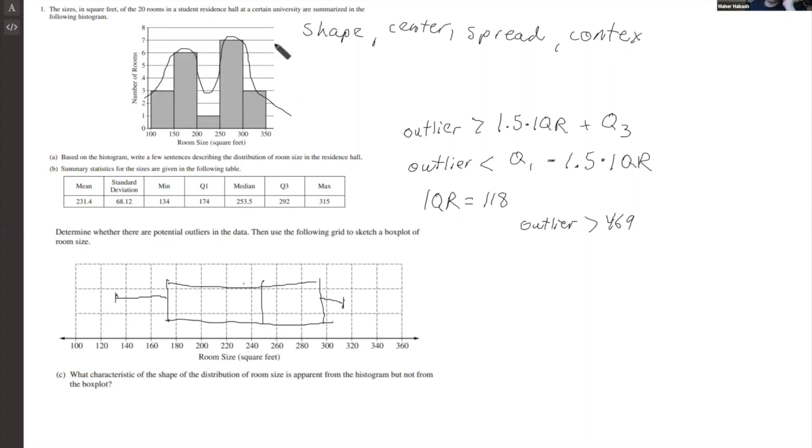The bimodal distribution does make that interquartile range quite drastically big, which is why we definitely don't see any outliers here.